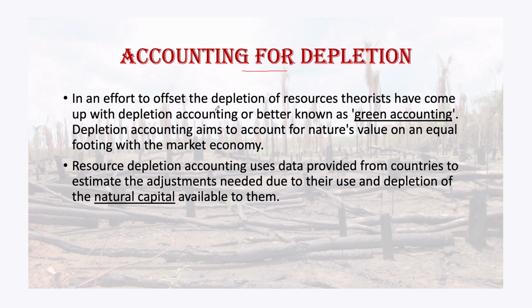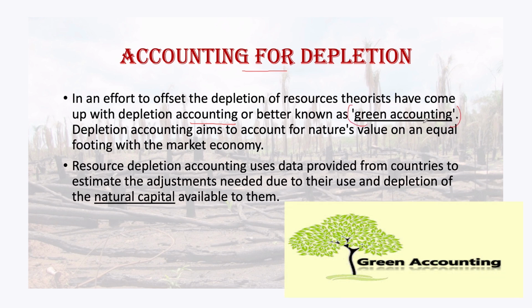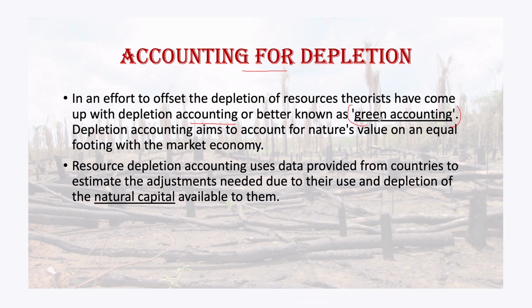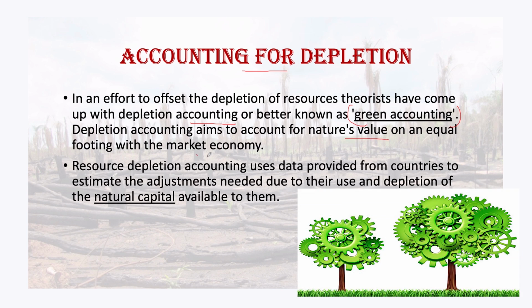Now, talking about accounting for this depletion. In an effort to offset the depletion of resources, various scientists and theorists have come up with depletion accounting, better known as green accounting, like we normally maintain our accounts in the business. So, depletion accounting aims to account for nature's value on an equal footing with the market economy.